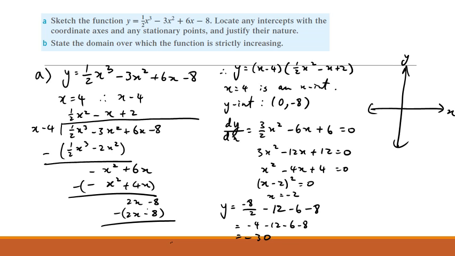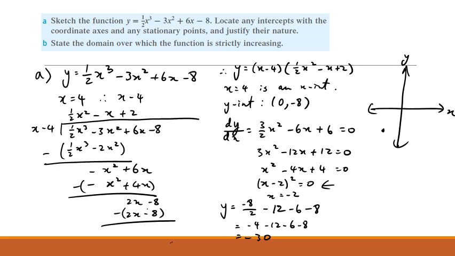So then we have x equals 4 as an intercept. Then x equals -2 as our turning point, which is somewhere down here. So then, because it's a cubic, you'll have to do, that doesn't seem right, hang on. Right, I missed a step, that's why.